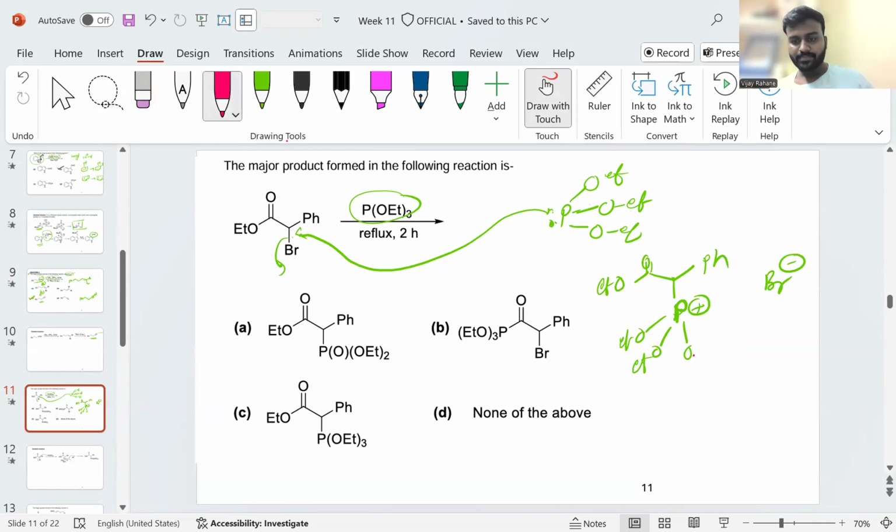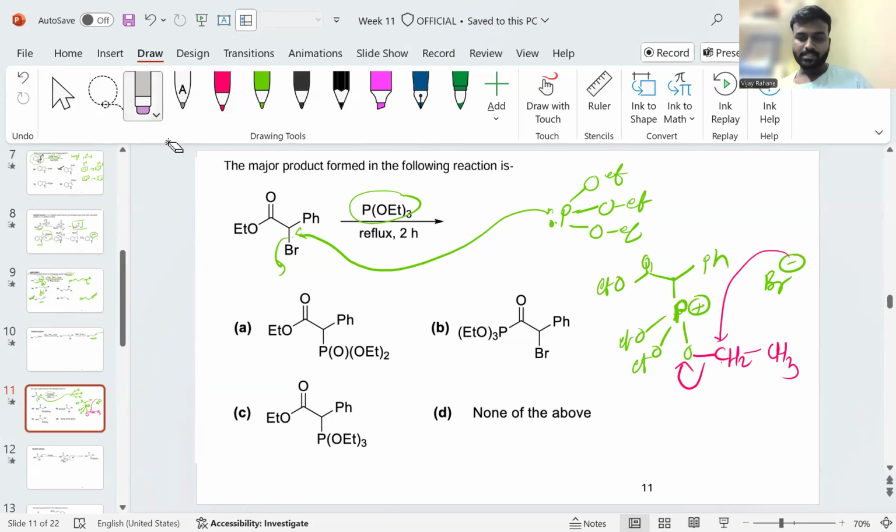So this will be CH2, CH3. So this Br negative now attacks on this CH2. So this will be O negative, which will now be involved in the P double bond O formation. So directly I will draw that step, and this positive charge will be gone now.